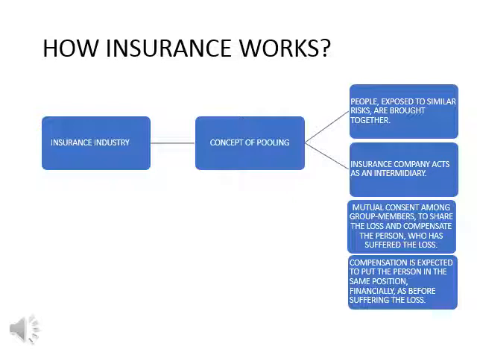So what is the concept of pooling? People exposed to similar types of risk are brought together. Under similar concepts, nowadays the departments of insurance are also segregated. For example, there is machinery breakdown, and then miscellaneous, under which various types of insurance are involved. Aviation is there.